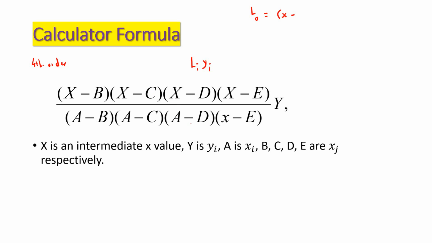For fourth order you have 1, 2, 3, 4, four products here. So L naught is x minus the points not from 0, so x minus x1, x minus x2, x minus x3, x minus x4. And then the denominator, just replace x by x naught when you have L naught. The rest just follow.